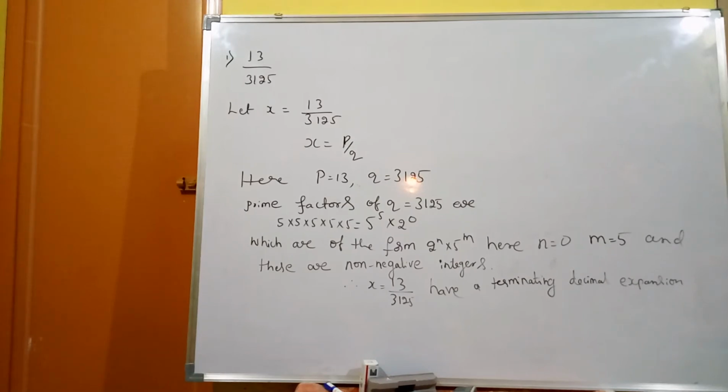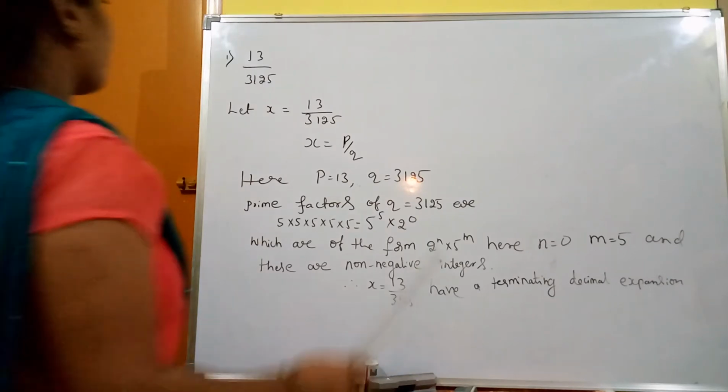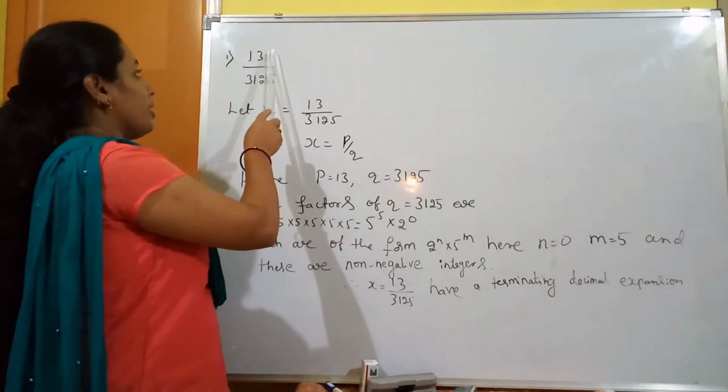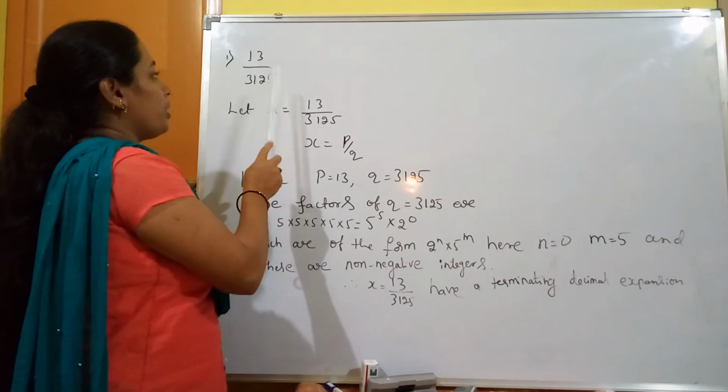Without actually performing the long division, state whether the following rational numbers will have a terminating decimal expansion or a non-terminating repeating decimal expansion. Let us take a problem in this recording. The first problem is 13 by 3125.